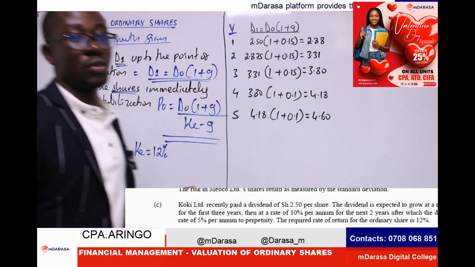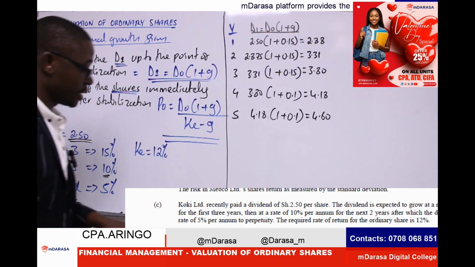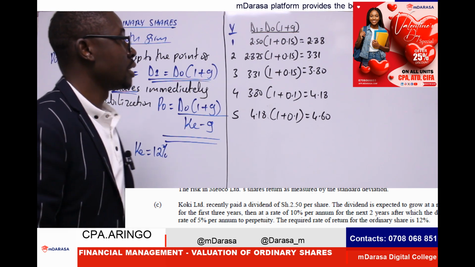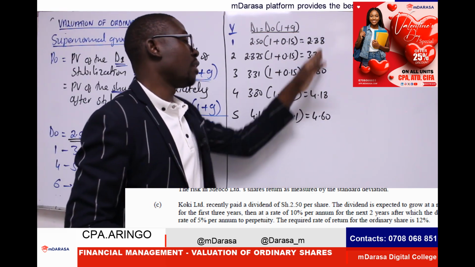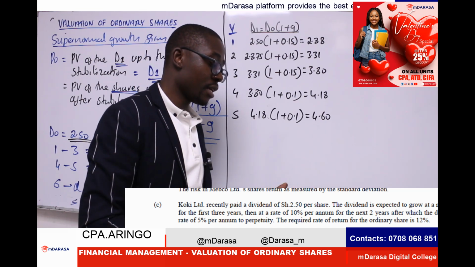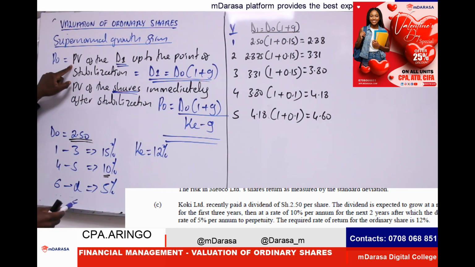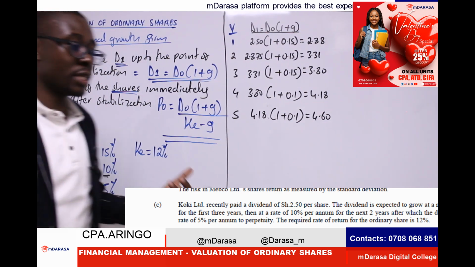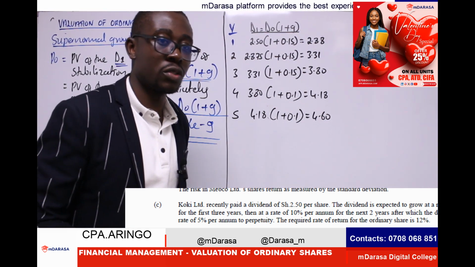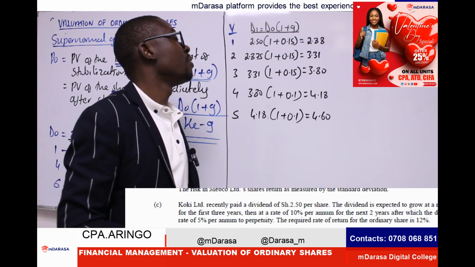See? So that is what we have in terms of our dividends. In terms of our dividends, we can see that they are irregular. And we need to determine the present value. Where we are talking of irregular cash flows, of course, the present value will always be on a lump sum factor.